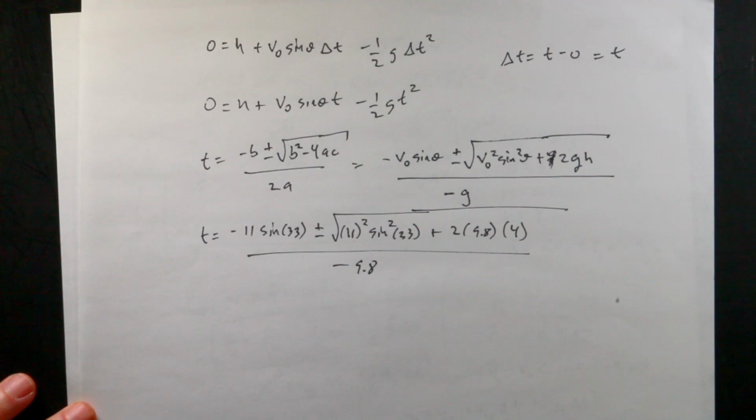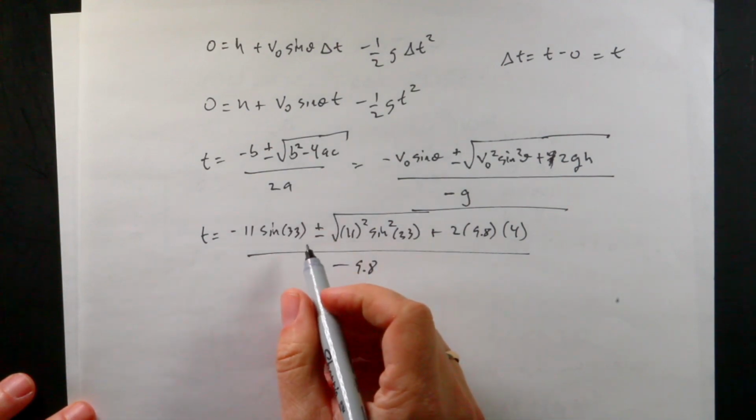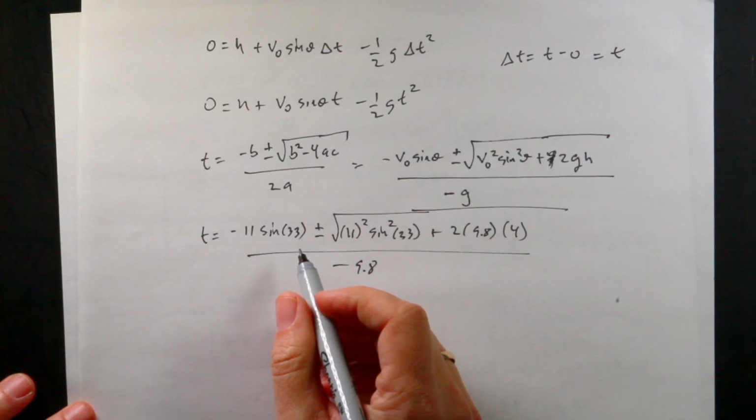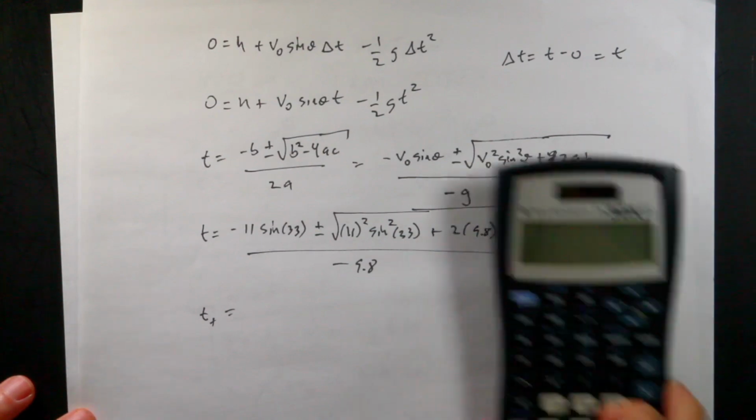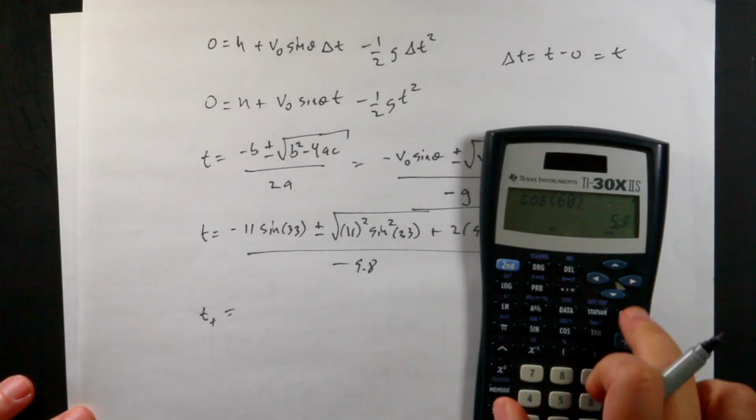I think that's right. Okay, I don't know which one's going to be right, I'm just going to do the plus. I'm going to do this on my calculator, which I hate.